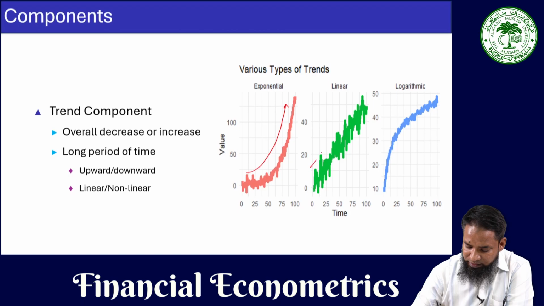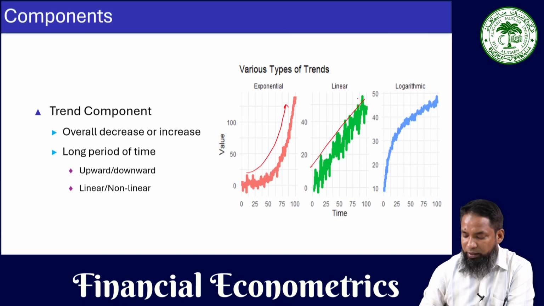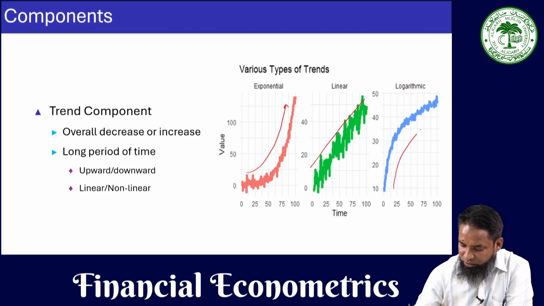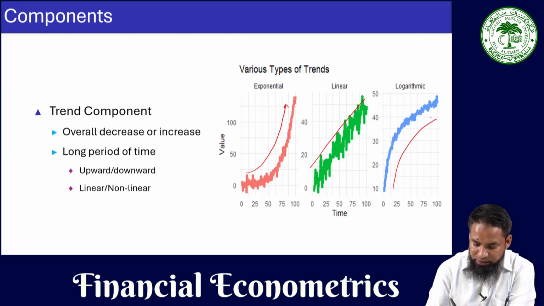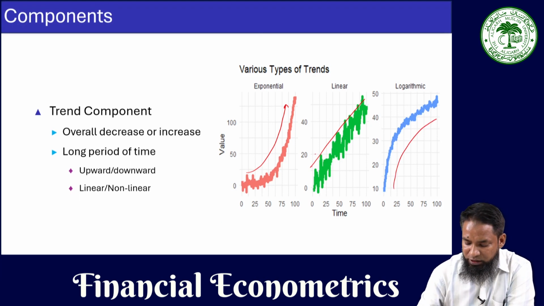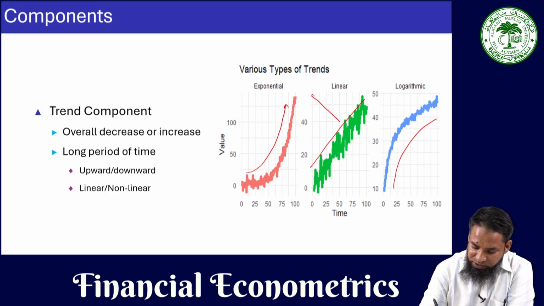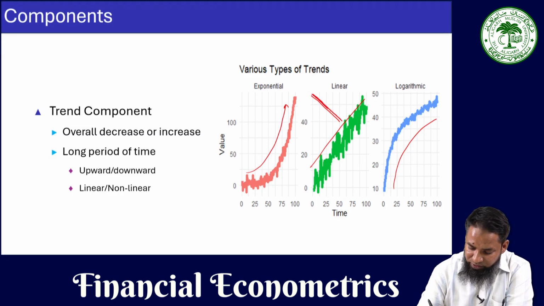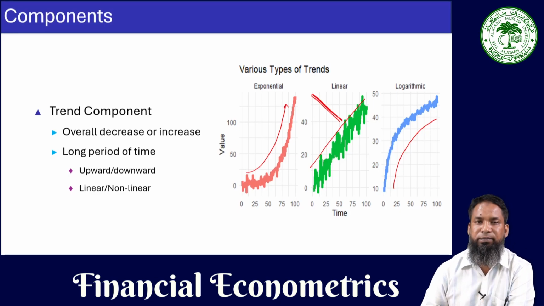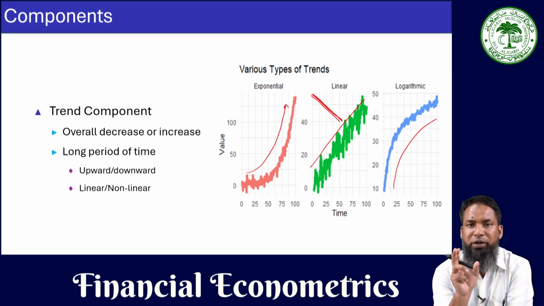Here we can say it is a linear time trend, and here it is a logarithmic trend. It could be exponential upward, or exponential downward. Here it is linear upward, it could be linear downward. So a long-term persistent overall movement is basically what we concern ourselves with in the trend. So this is the trend component of a time series.